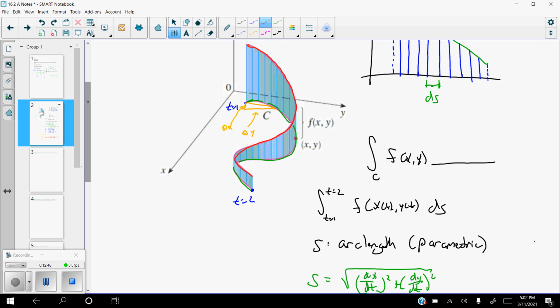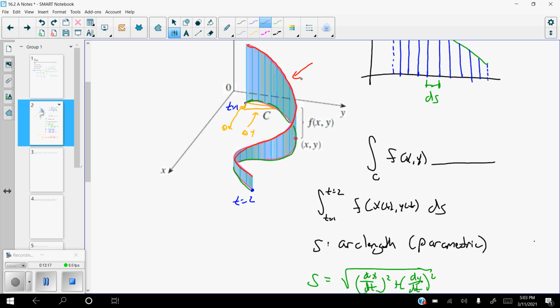Not an entire surface, just a single curve, which is that red one right there. We are trying to find the area covered underneath that single curve, between that and the xy plane in this case. So over top of some kind of defined curve in the xy plane. So we are basically trying to find the area of that ribbon, as opposed to the entire volume under a whole surface. That's kind of the goal of doing a line integral.